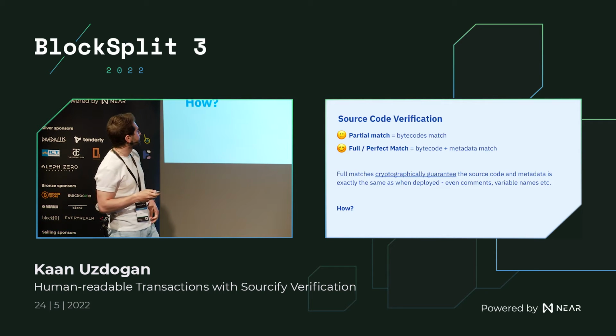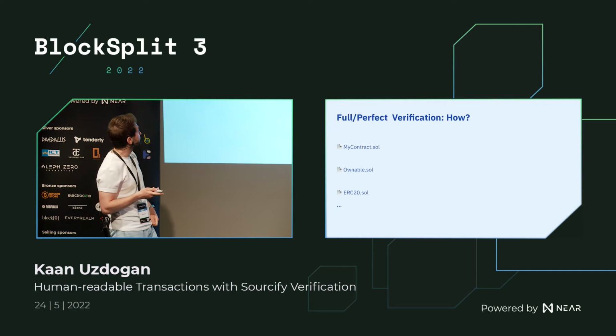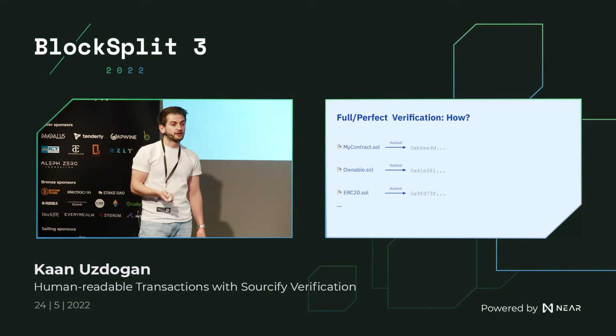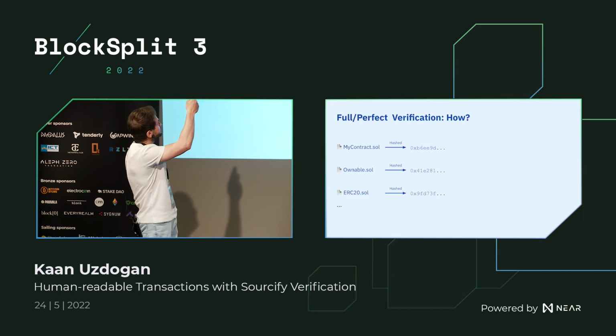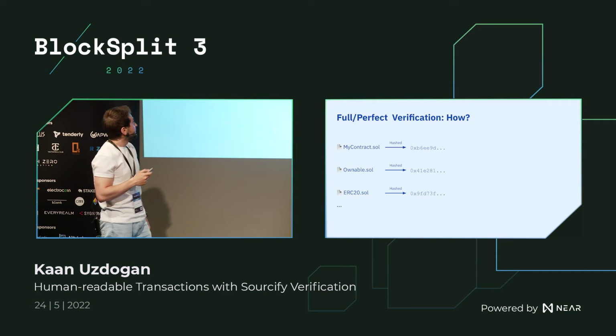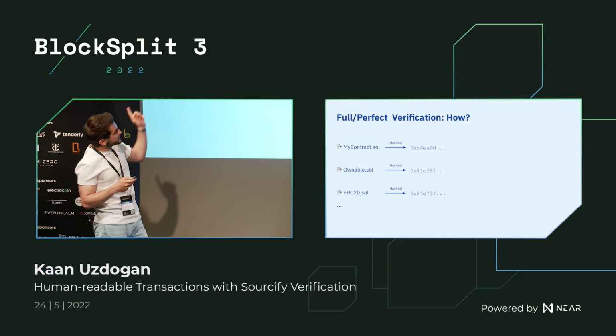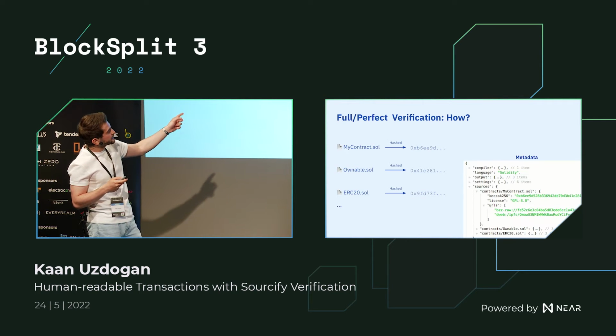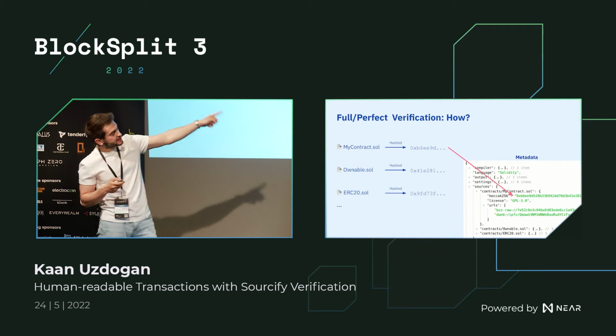It's exactly the same. And how does it work? When you compile a contract, the Solidity files are also hashed. This is done by the compiler itself. And the compiler takes the hashes of the files and puts them in the metadata file.